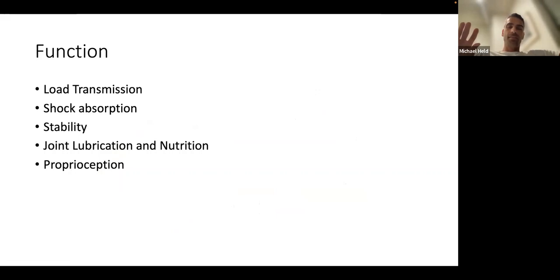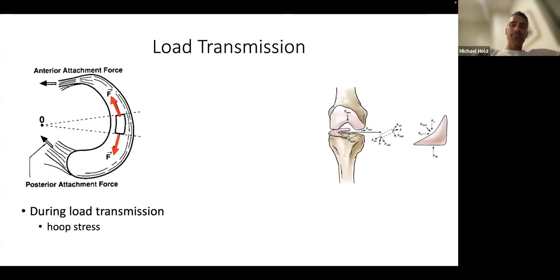And the function of the meniscus is to absorb the shock and transmit load, but besides giving stability to the knee, one of the main things is to create congruency. The femur is round and the tibia is flat, and the meniscus basically makes it congruent and transfers the load evenly into the tibia.